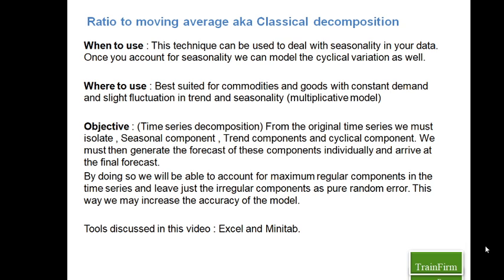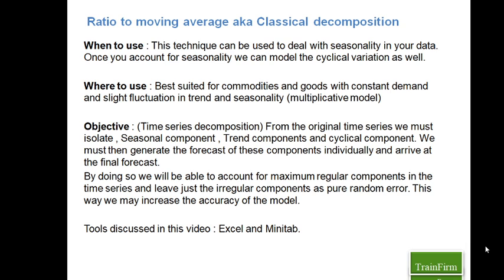The whole purpose or the objective of ratio to moving average classical decomposition is to decompose your time series into various components, including trend, cyclical component, seasonal component, and then the remaining is the irregular component. Once you decompose these 4 components, we can individually go ahead and create forecasts for the components which are regular in nature, right?